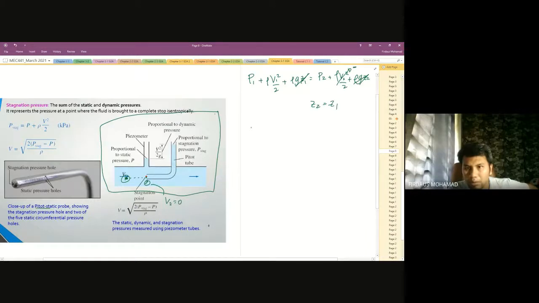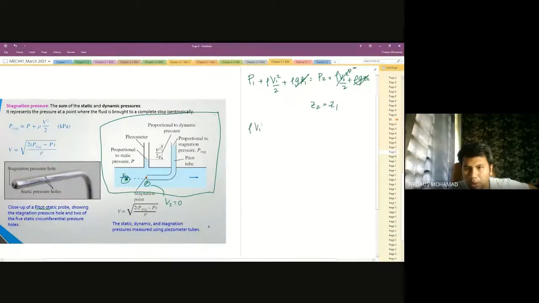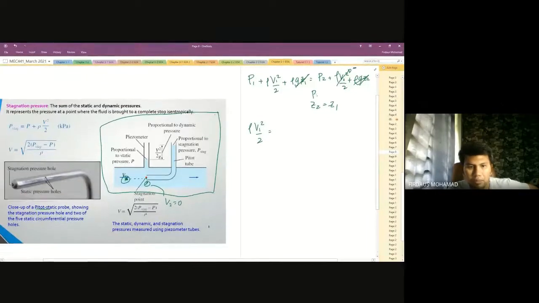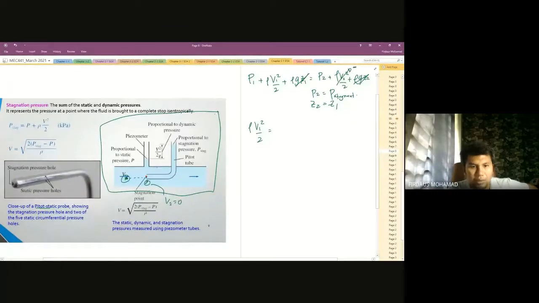Rho V1 squared over 2. What is P2? P2 is P stagnant. Right? So pressure 2 is the stagnation pressure.